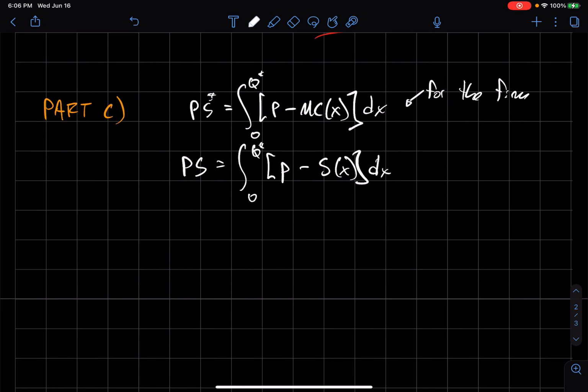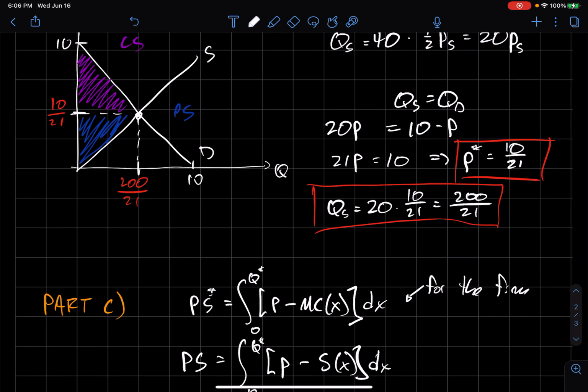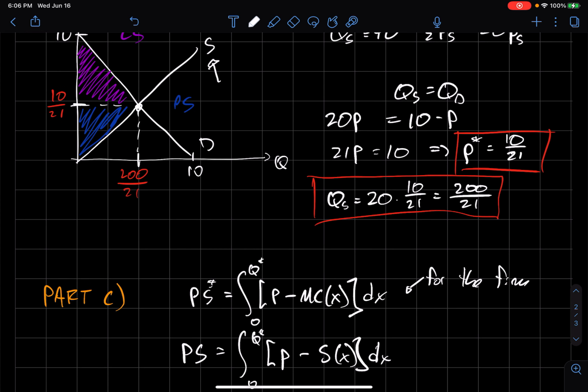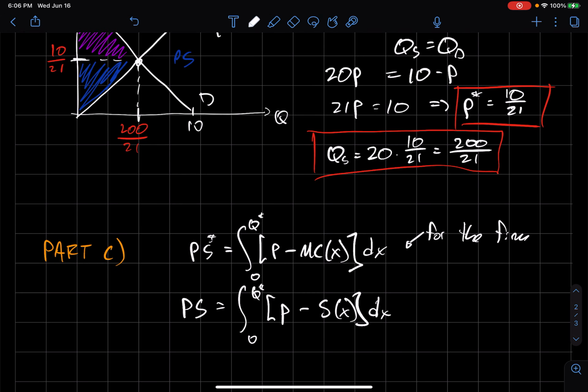So the reason we're doing this is intuitively, right? We're trying to find this area represented in blue. We know the supply curve. We don't have to deal with the shutdown condition, and because of that, we don't have to worry about fixed costs in the short run affecting our shutdown condition.